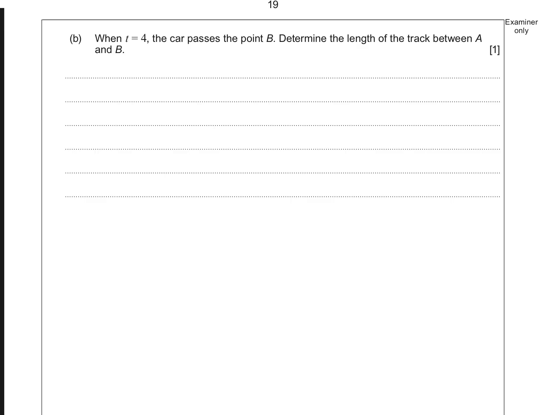Okay, when t is 4, the car passes point B. Determine the length of the track between them. Given that the expression we just found gave us a displacement from A, we could just put t equals 4 into what we had before. Or you could integrate the velocity between 1 and 4, because at 1 it's at A, when t is 4 it's at B, so you could find the displacement between those 2 points.